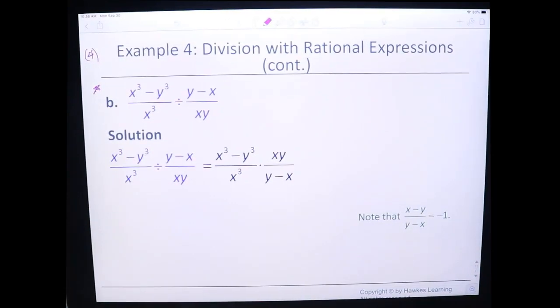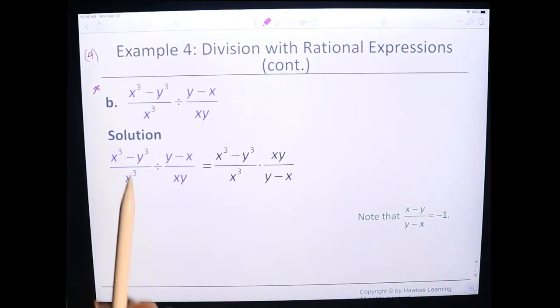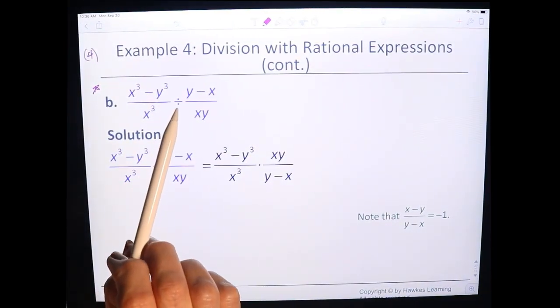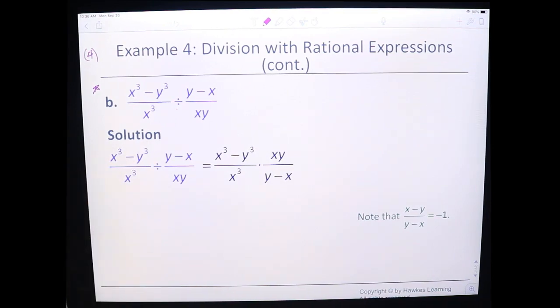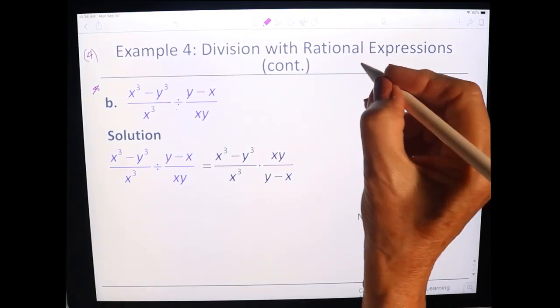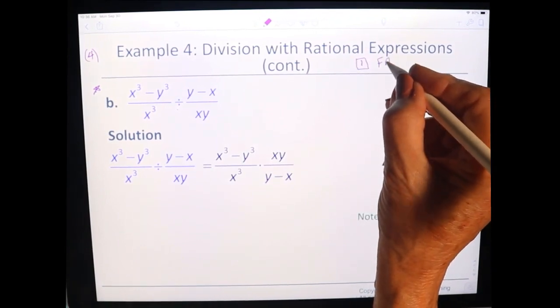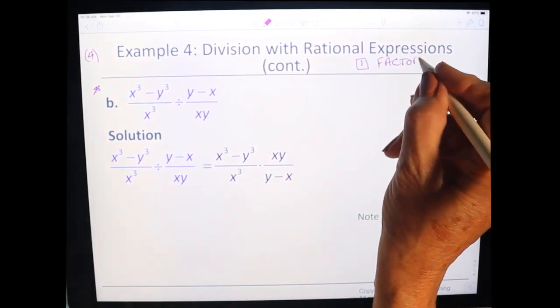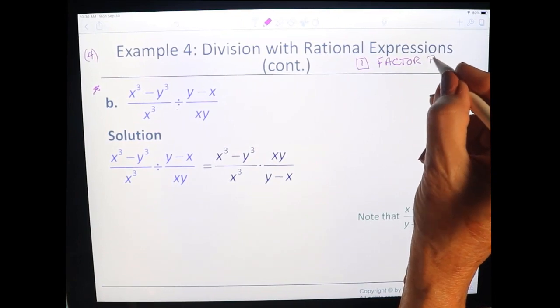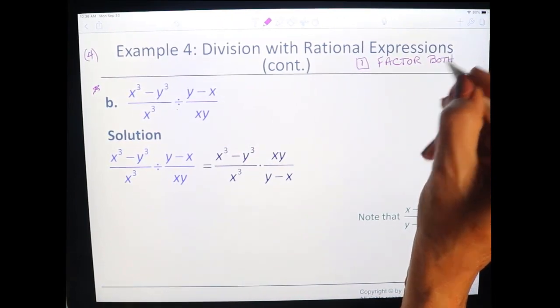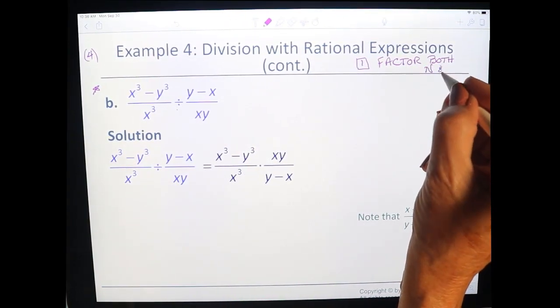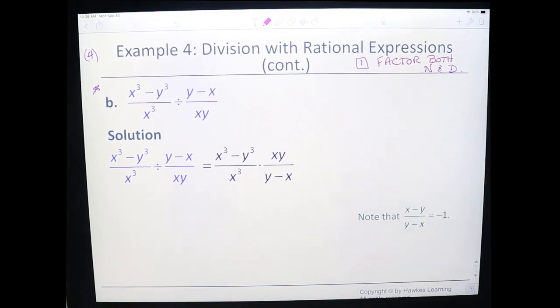I'm going to start with this one. Again, you can see this is a division problem because of the notation there of the division operation. The first thing I want you to do as we start working here is factor everything that you can. So both numerator and denominator we're going to factor.